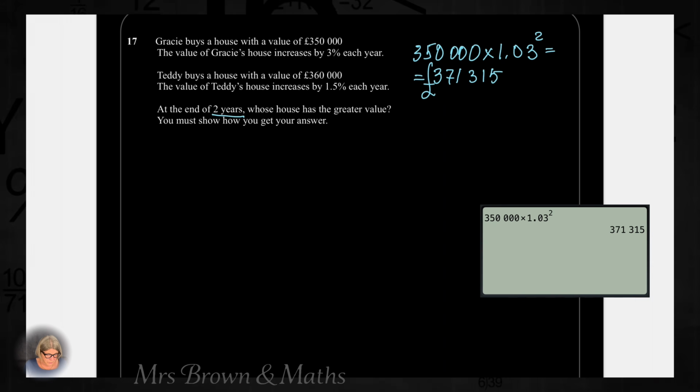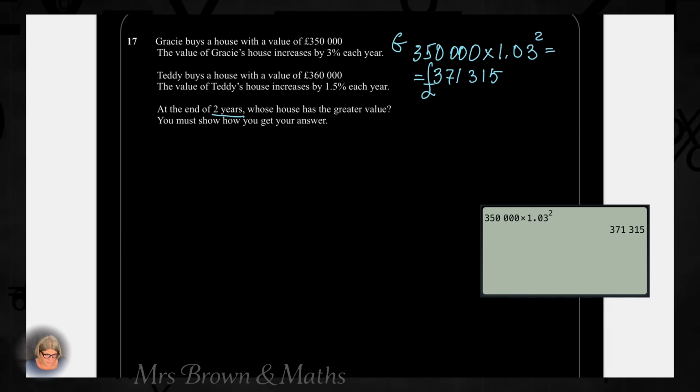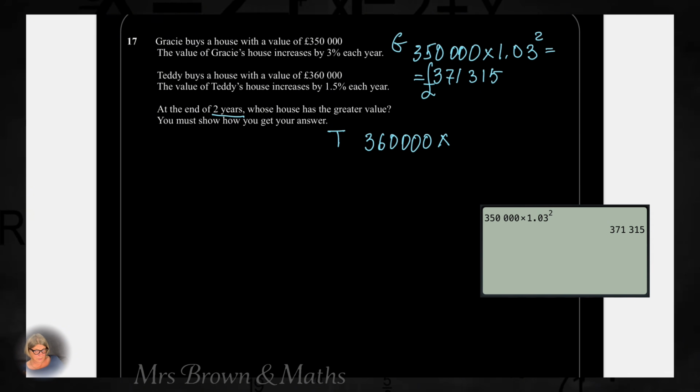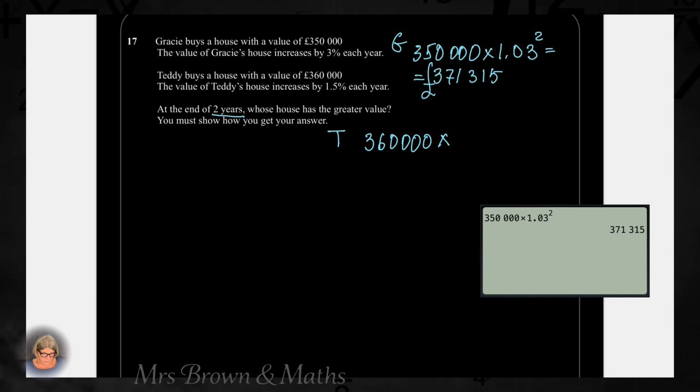Right, let's have a look at Teddy's house. So that is Gracie. Teddy, 360,000 times, so here the house originally is more expensive than Gracie's, but the price increased, right, it will be times 1.015, and again squared because of 2 years.